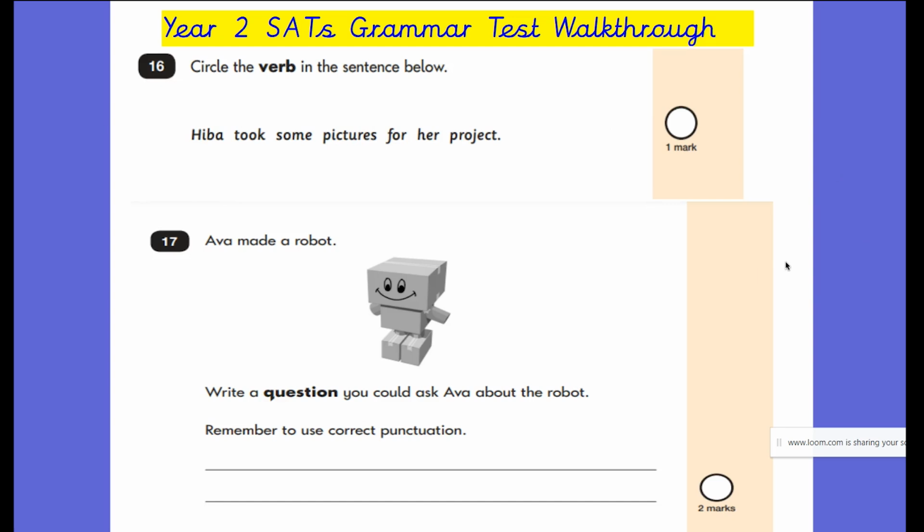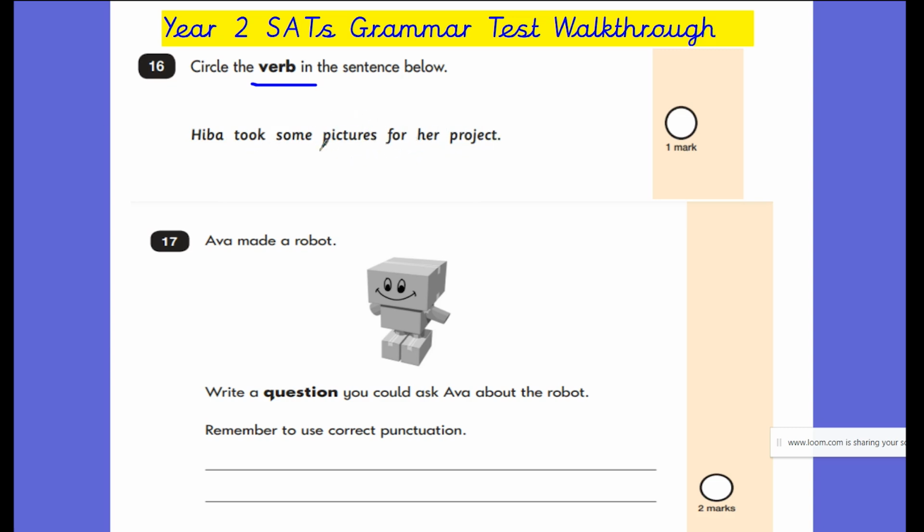Okay, question 16. Circle the verb in the sentence below. Verbs, as I've talked about already, are doing words, mainly doing words in Year 2, but in Year 6 they can be being words also. So which is the verb, which is the doing word in the sentence? "Hiba took some pictures for her project." Some, pictures, for and her, project, none of those are doing words.